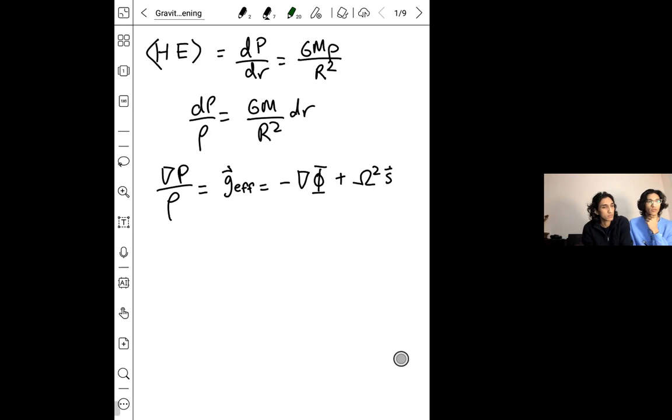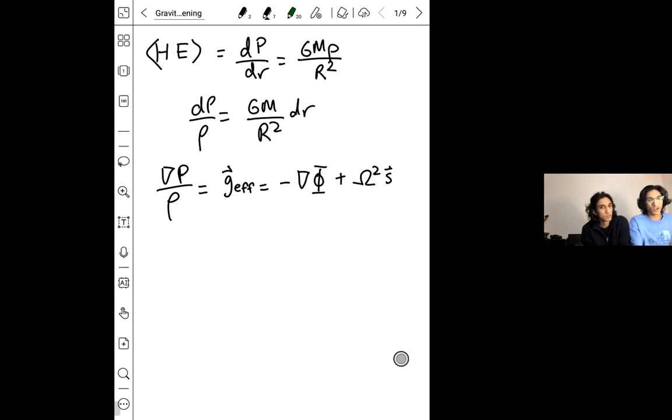If you have a star that's rotating sufficiently fast, the equator will be subject to a centrifugal force, which actually makes it less dense at the equator. And at the poles, correspondingly, the star will be more dense, right? This term allows us to quantify that value.